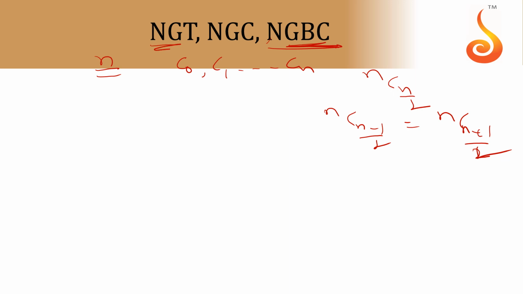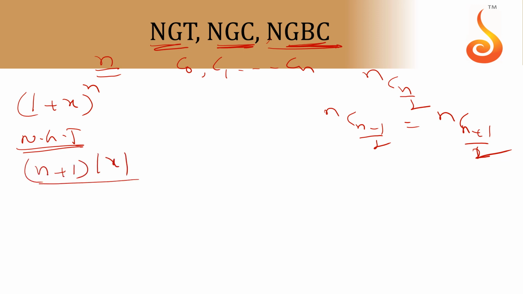Then what is this NGT and NGC? You know, this we will develop for (1 plus x) whole to the power of n. So any other question we will convert into this model to calculate NGT and NGBC. So to get NGT, they will give some x value. By the n value and x value, you will calculate (n plus 1) into mod x by (mod x plus 1).